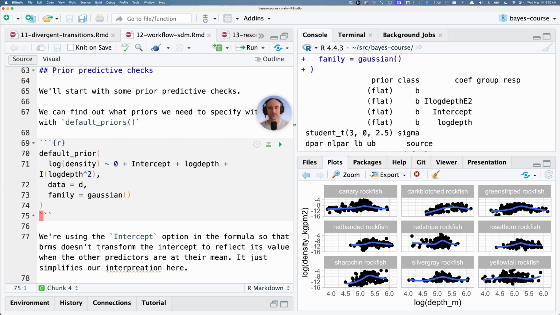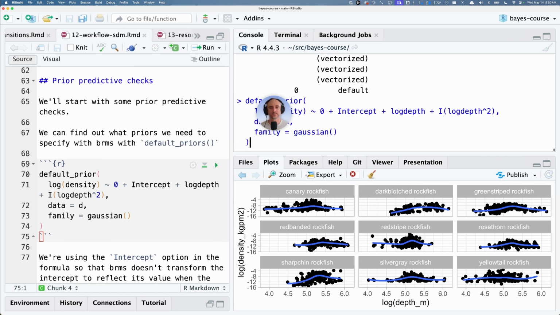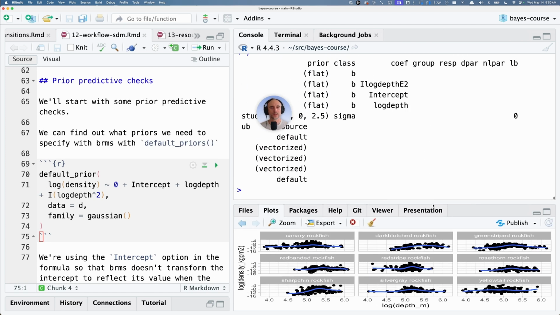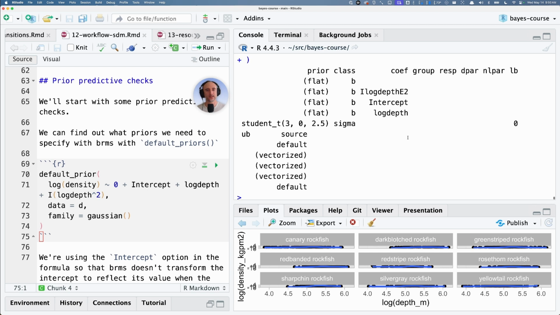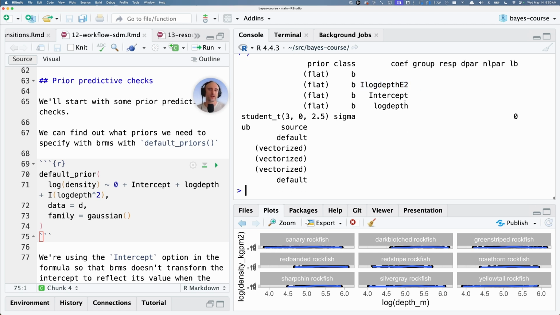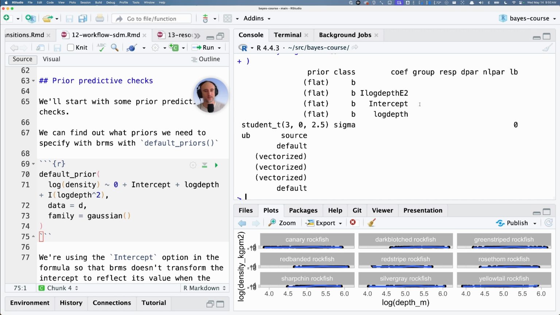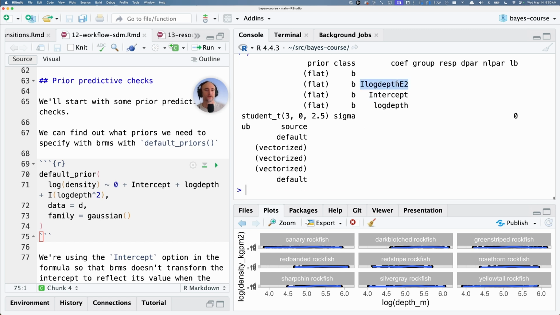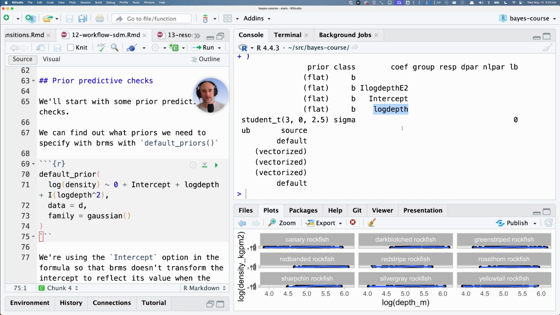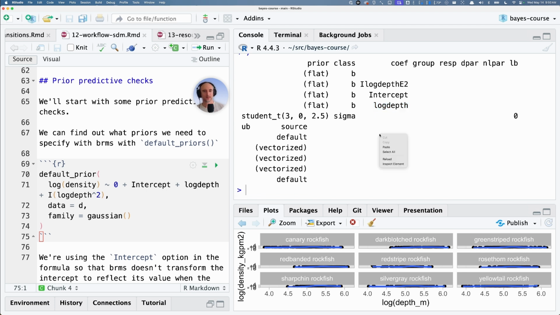So let me make this big again, to the best of my ability. So we're going to have priors for our intercept, priors for our log depth squared, log depth, and sigma.